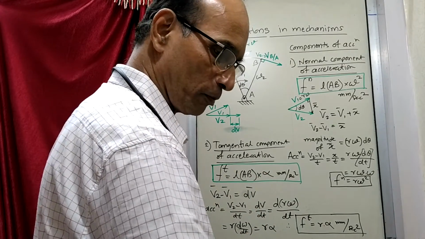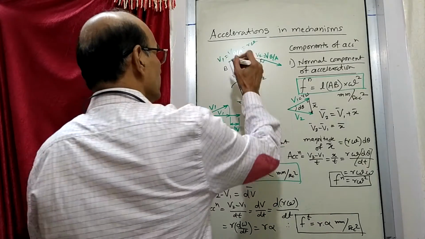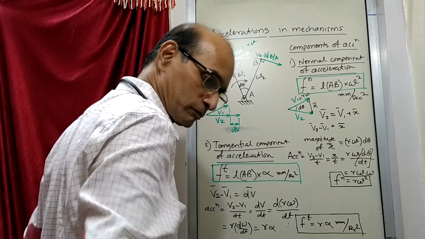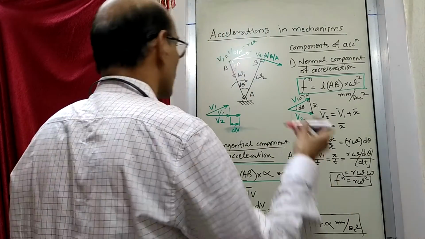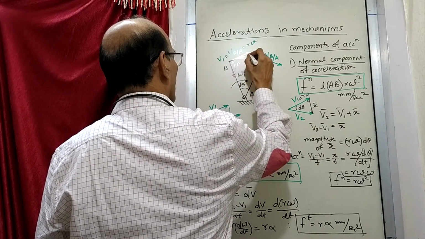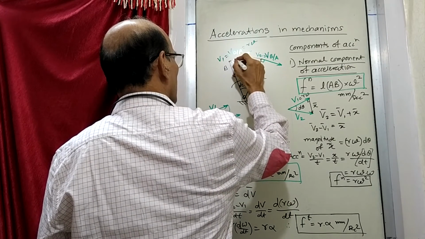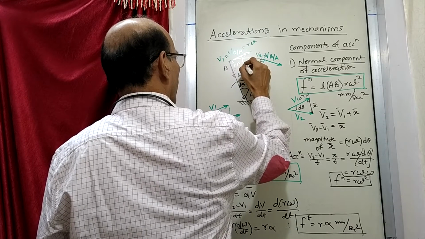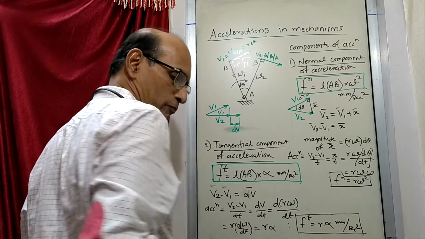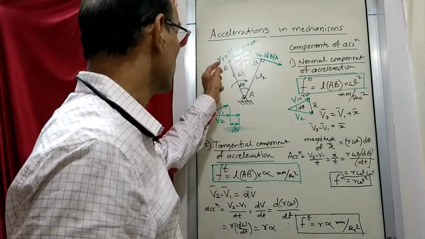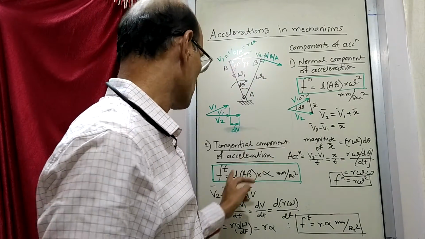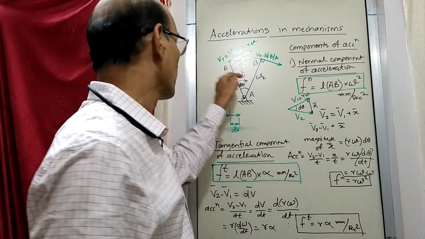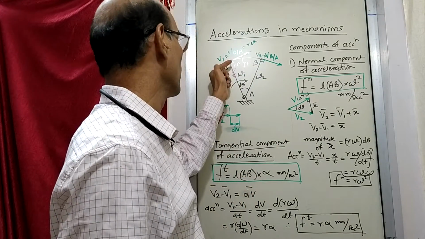Now where is this component? Tangential component, it is here. It is in the same line, it is overlapping. So this is Ft and this is Fn. So whatever two components we have shown here, normal component like this, tangential component like this.